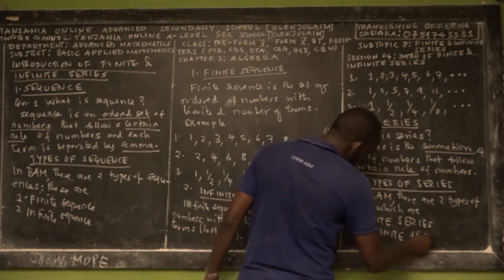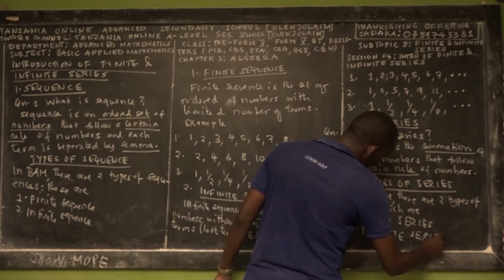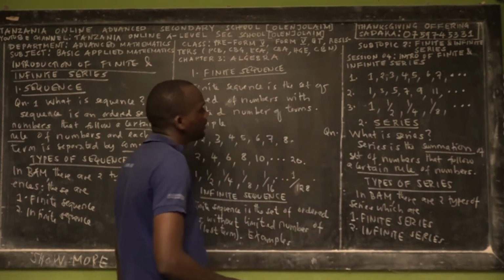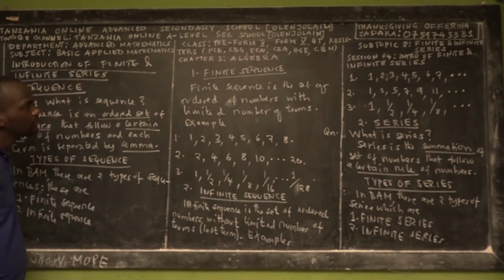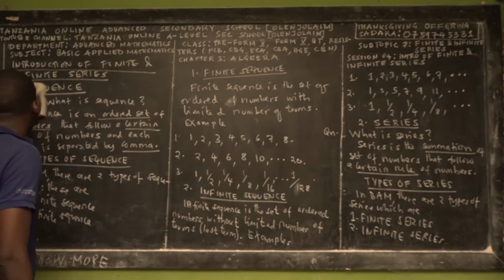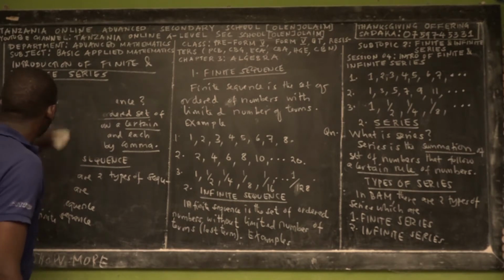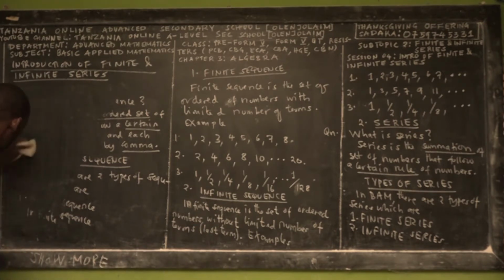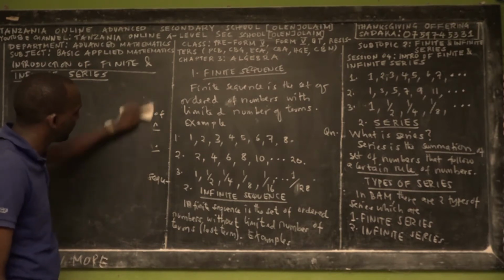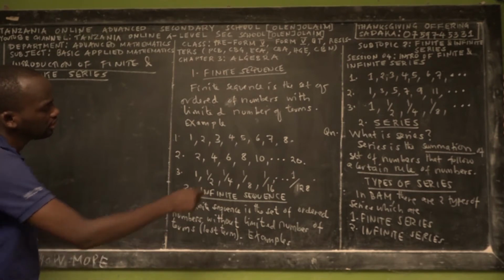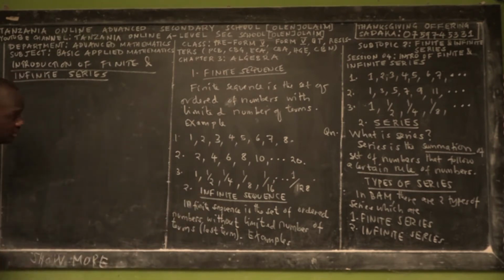So remember, the subtitle of this session, or session 4, is Introductions of Infinite and Finite Series. So after reminding you about sequence, which we find that the consecutive terms are separated by commas, then let us come into the finite and infinite series.